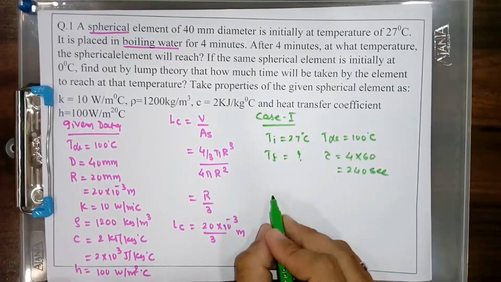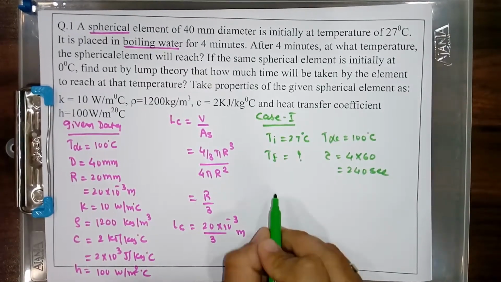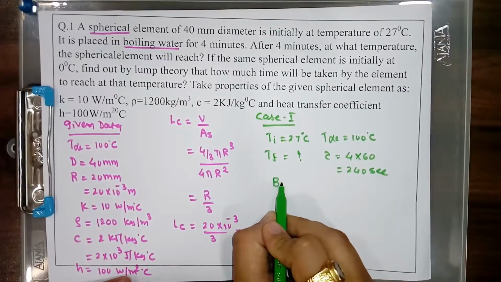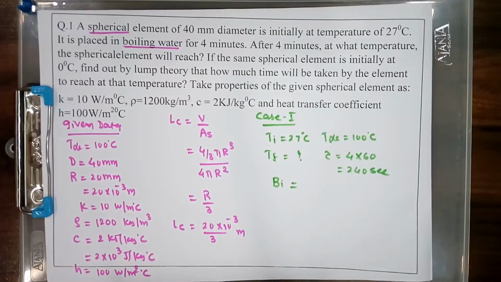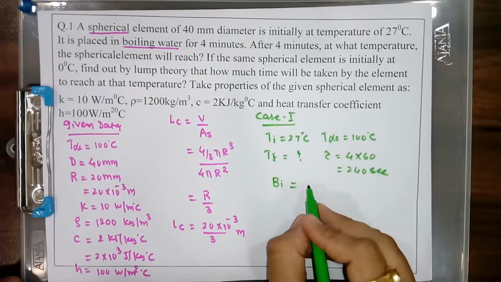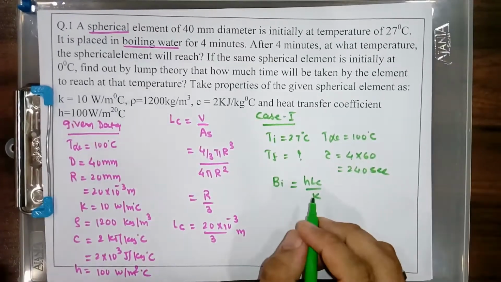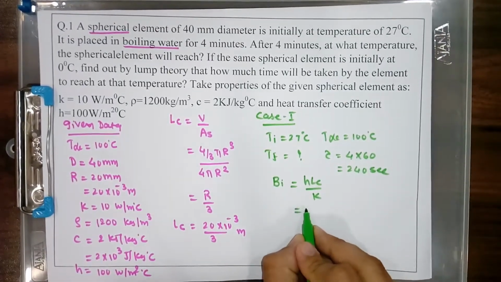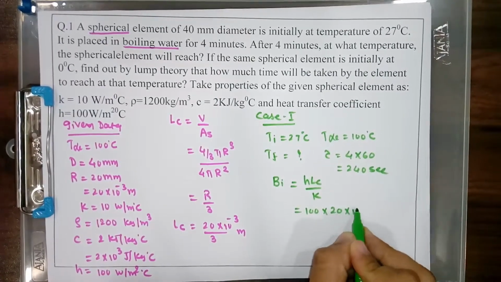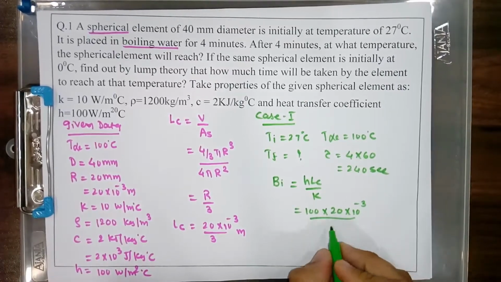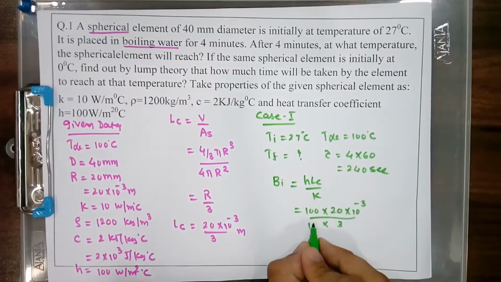So now we apply the lump parameter analysis. But before that, we need to check whether the lump parameter analysis is applicable or not. The condition for the lump parameter analysis is the Biot number, so we need to check the Biot number. Biot number is h Lc by k. The value of h is 100, then Lc, the characteristic length, is 20 into 10 to the power minus 3 divided by 3, and the value of k is 10.